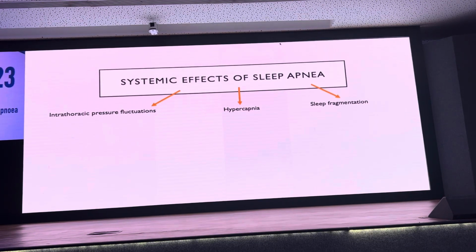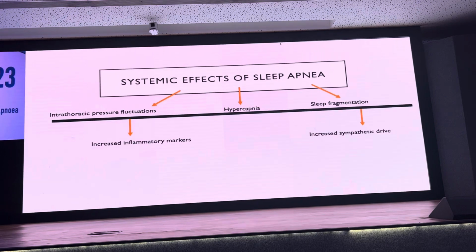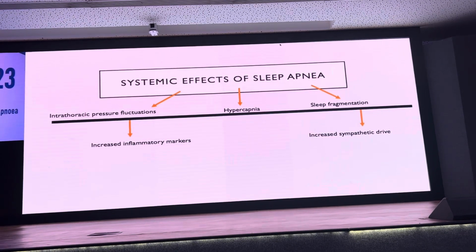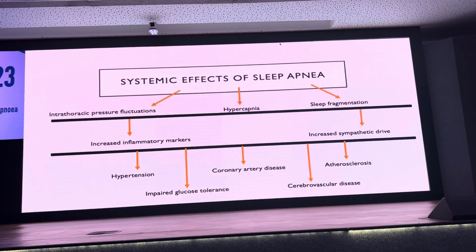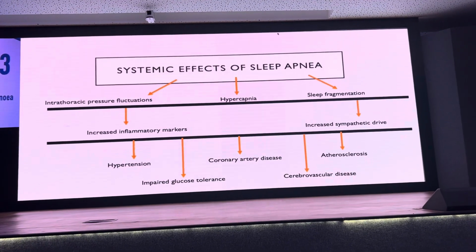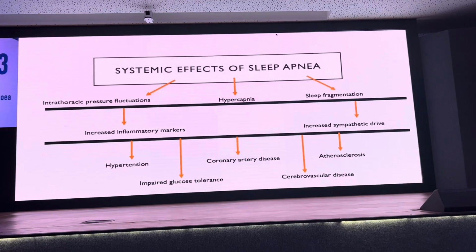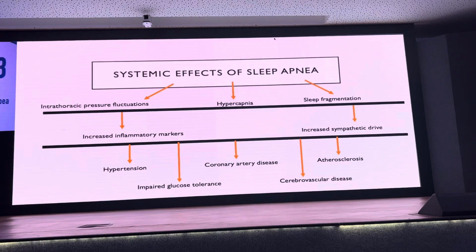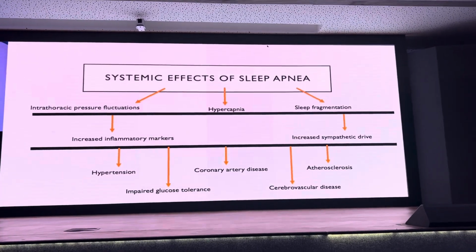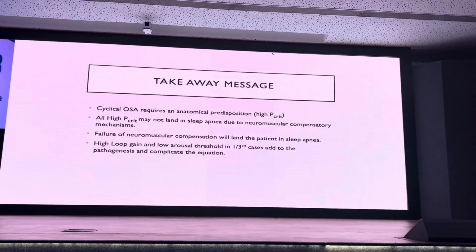All these 3 factors will cause an increase in the circulating inflammatory marker load in the body, and this will also cause an increase in the sympathetic drive. These factors will lead to the metabolic manifestations of sleep apnea that we see, which is hypertension, coronary artery disease, impaired glucose tolerance, cerebrovascular disease, and atherosclerosis.